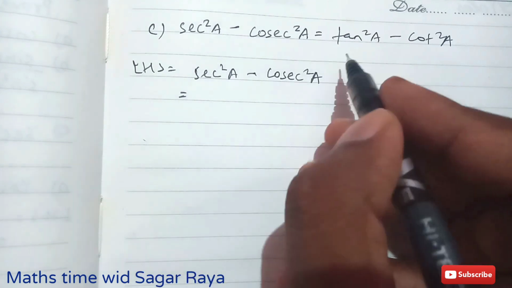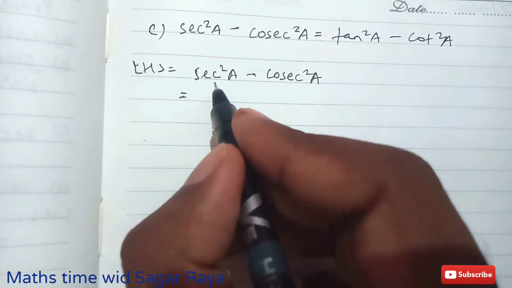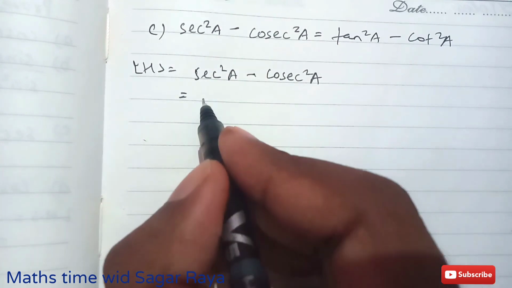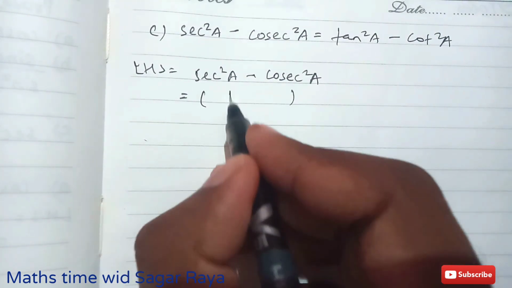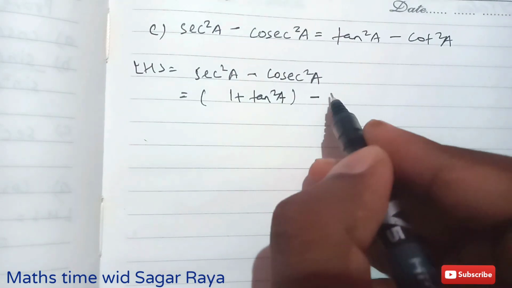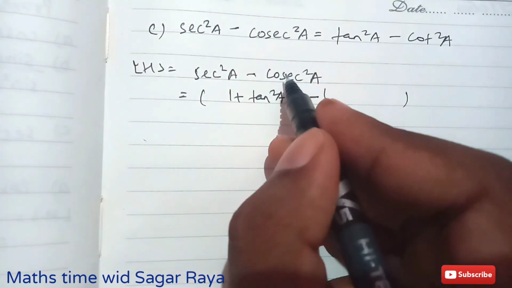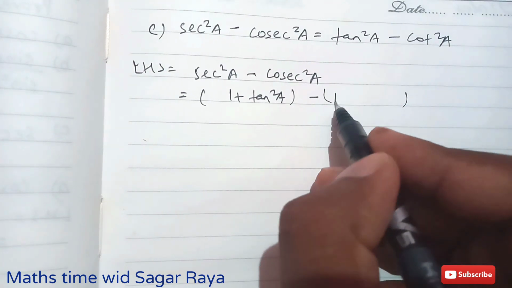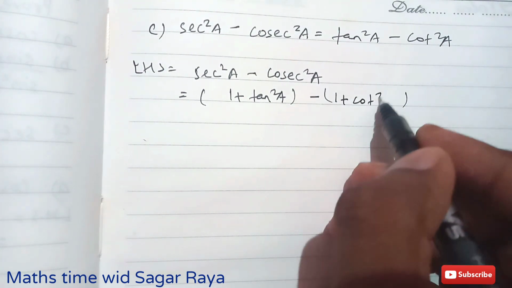We can change sec square in terms of tan square A by using the formula sec square A equals 1 plus tan square A, minus cosec square A, which we can change in terms of cot square A: cosec square A equals 1 plus cot square A.